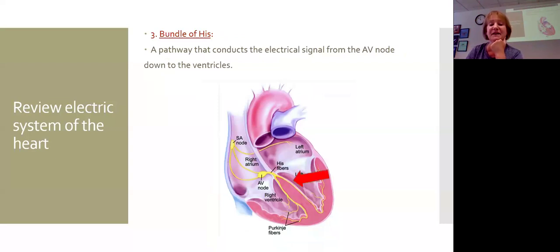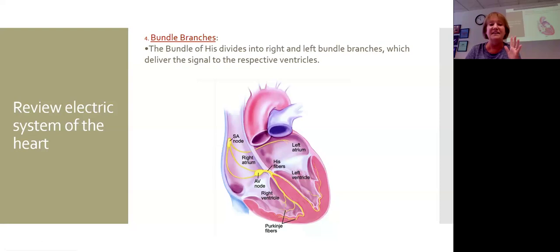And then the next is the bundle of His. That's a pathway that conducts the electrical signal from the AV node down to the ventricles. So it's just that little area, the bundle of His. And then the next thing is the bundle branches.